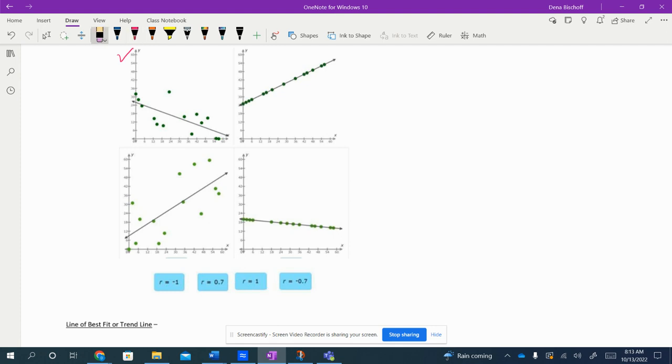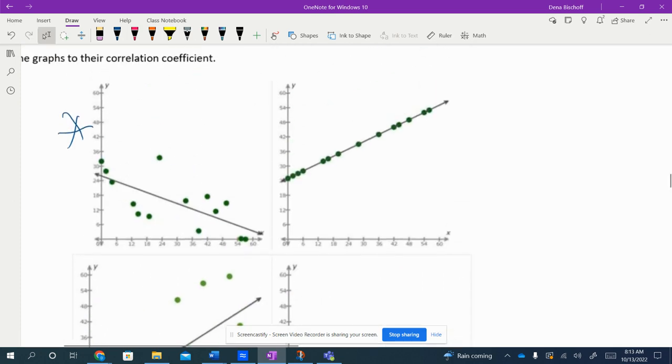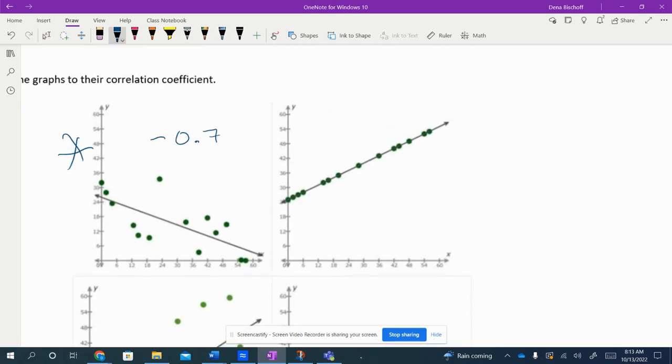Which R do you think it matches? Yeah, this has a correlation coefficient of negative 0.7. I know that it's negative because I can see that the line is going down, but it's not a nice, connect the dots line. It's not nice and tight like a -1.